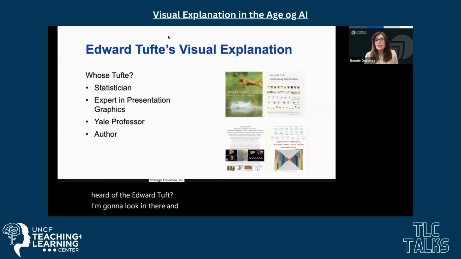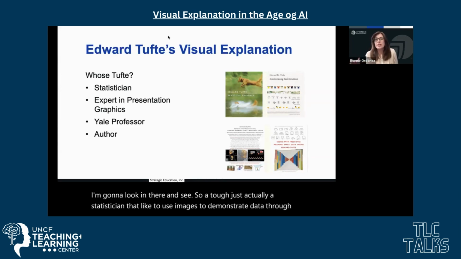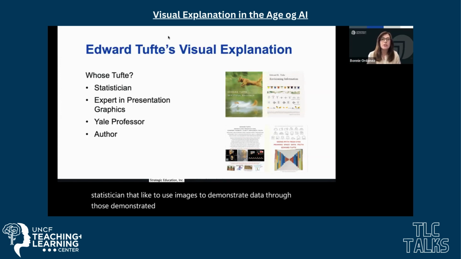So Tufte was actually a statistician that liked to use images to demonstrate his statistics through images. And he was also an expert in presentation graphics. And when you go to his workshop, which is a full day workshop, he gives you these 4 incredibly beautiful books, which you can see here on the side.